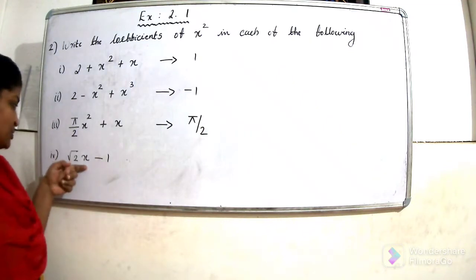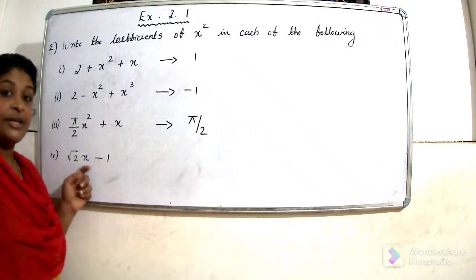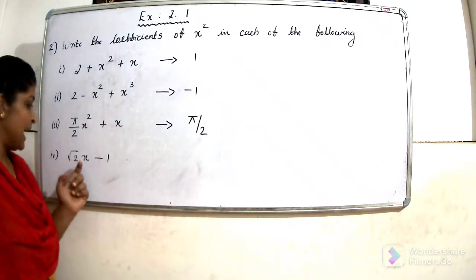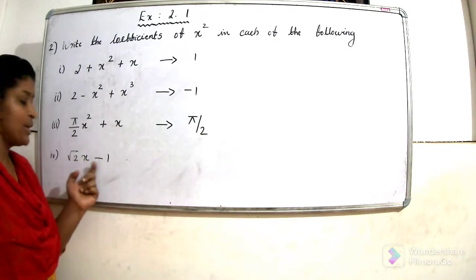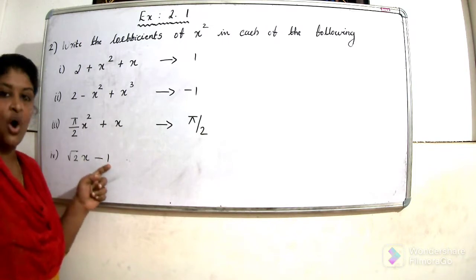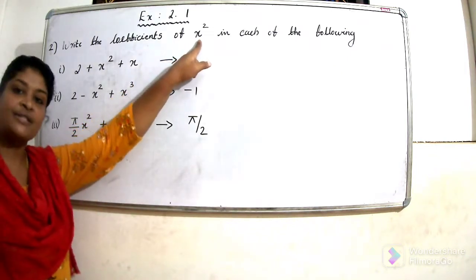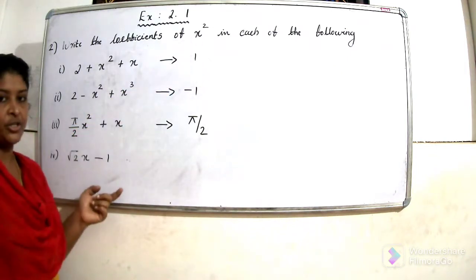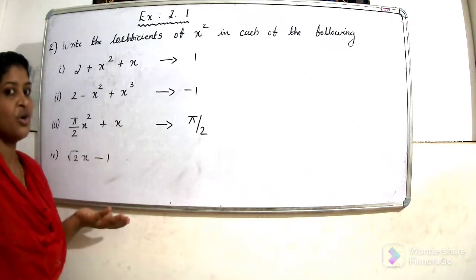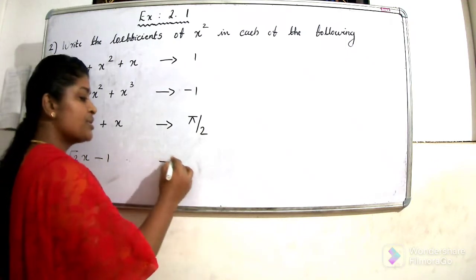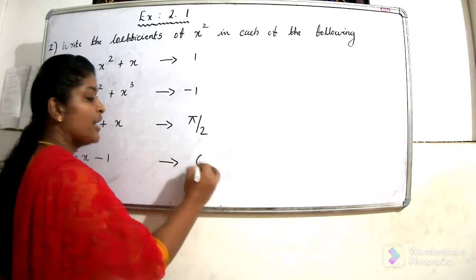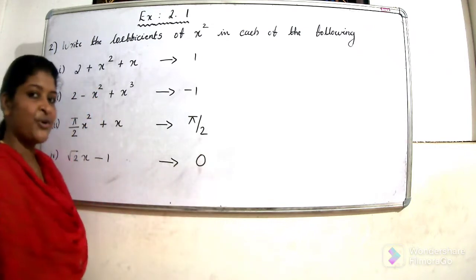Now in the fourth one, the x square term is not there. The x variable is there, not x square, and the next one is the constant term. They ask only for the coefficient of x square, and the x square term itself does not exist. So the coefficient of x square is 0. That's all.